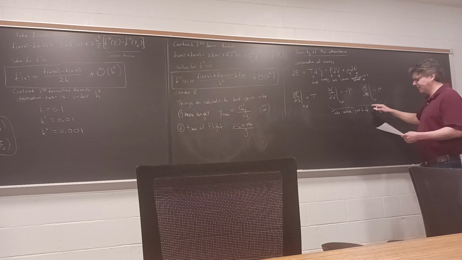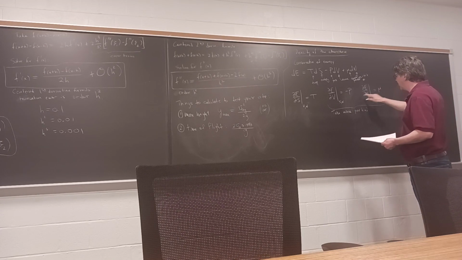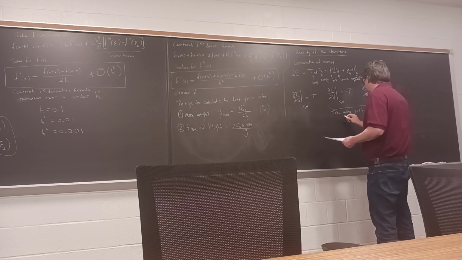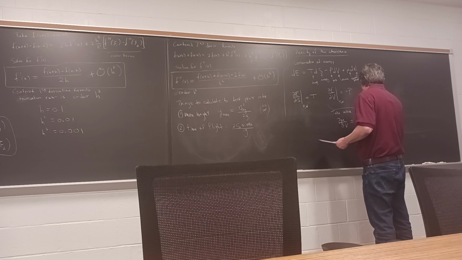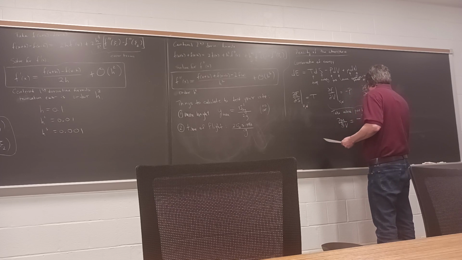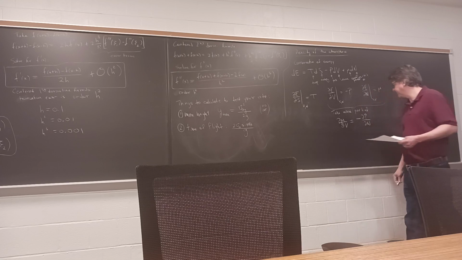So if I'm going to take the mixed partial, that means I want to take d mu by dV. So I can write d mu by dV is equal to minus dP by dN.